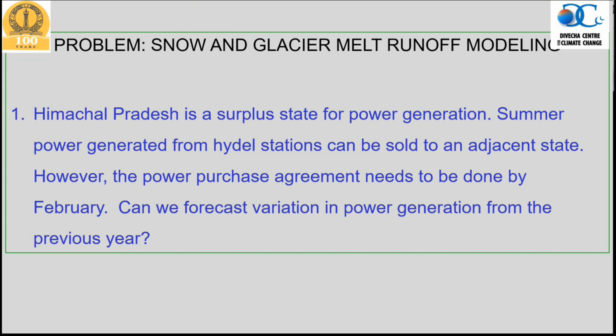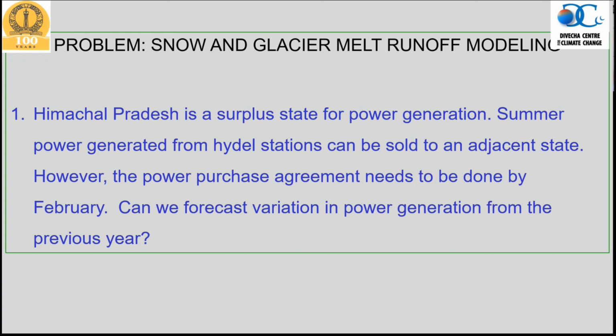They had another problem. Not necessarily did we solve those problems, but I think it is important for you to know some of them. At that time, not necessarily now, Himachal Pradesh was a surplus state for power generation. Summer power generated from hydro stations can be sold to adjacent states, as Himachal Pradesh still supplies power to Punjab and Haryana.